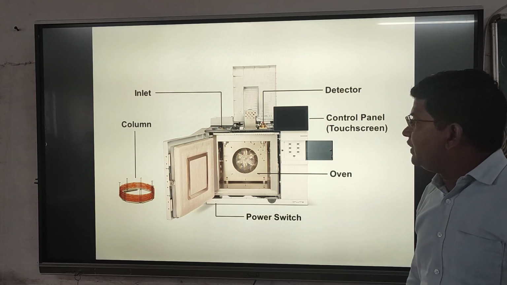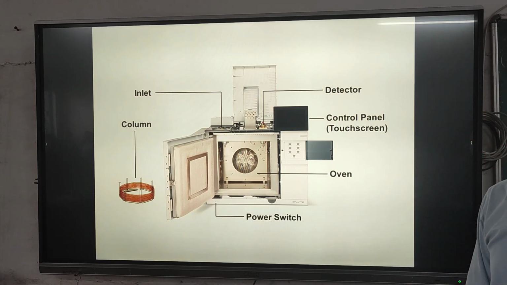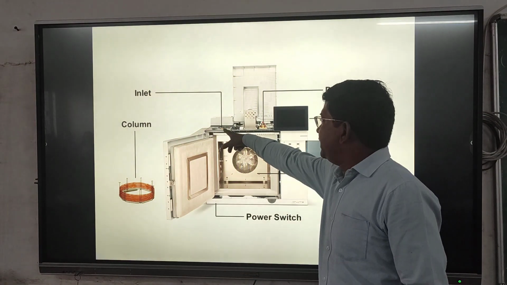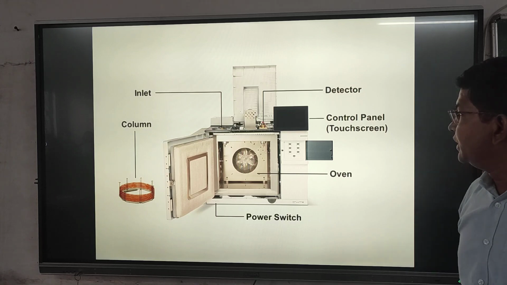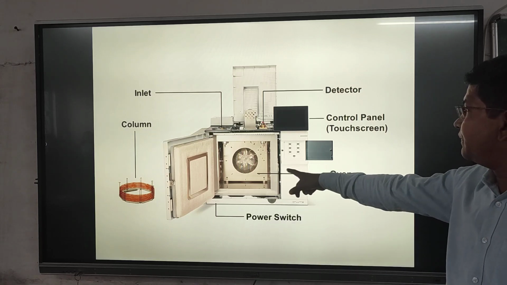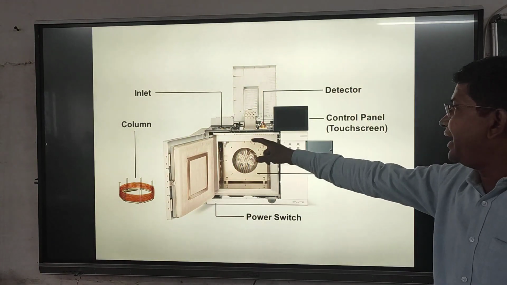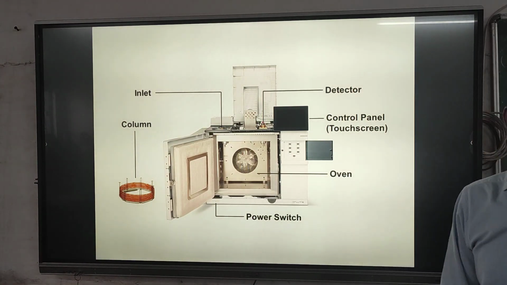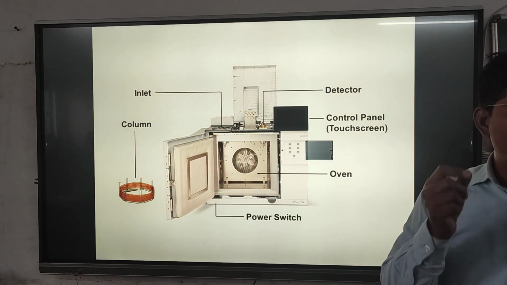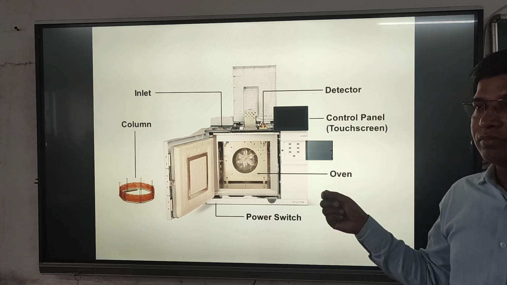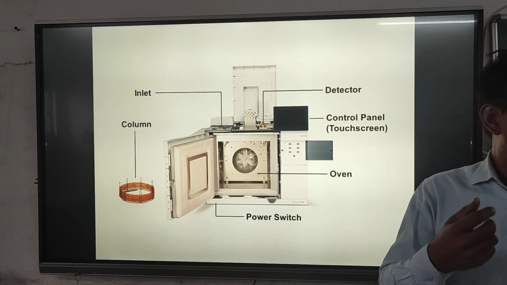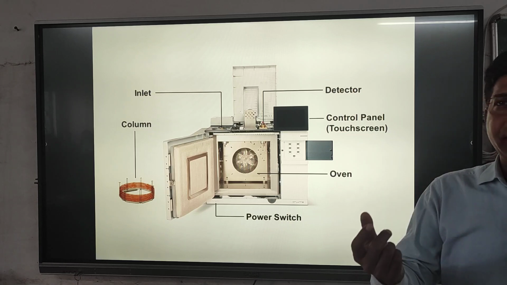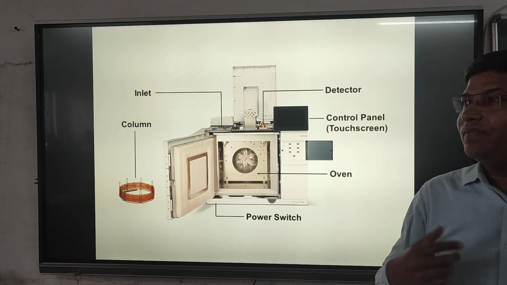Here we can see the dissection view of a gas chromatograph. We have a sample inlet where the sample is injected. Then we have another part called the column. The column, as I told, is the heart of this instrument, like the main part of our human body is the heart. If the heart fails, life will end.